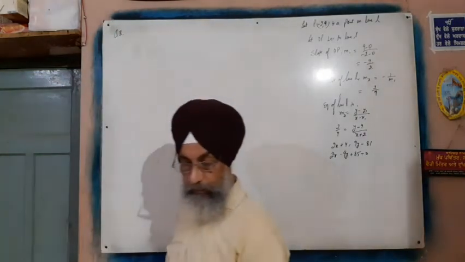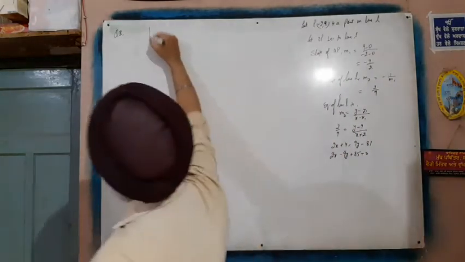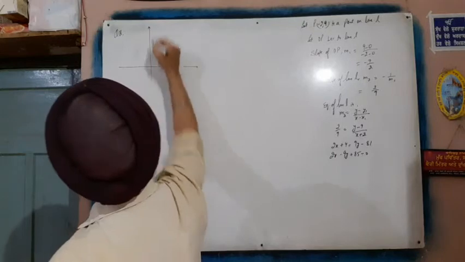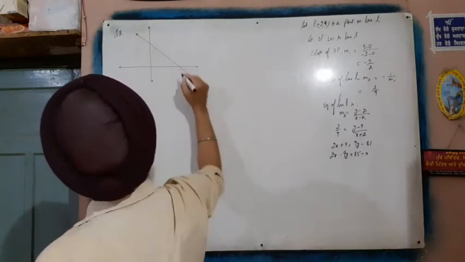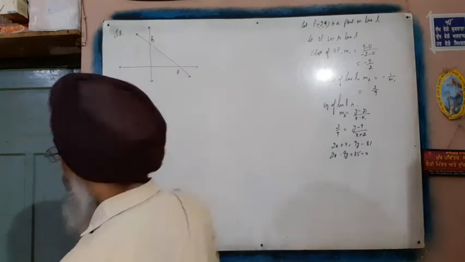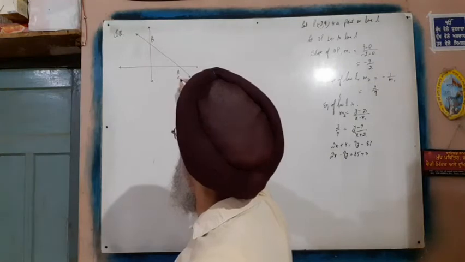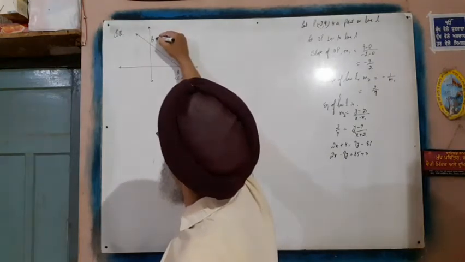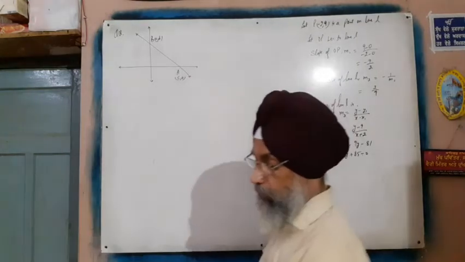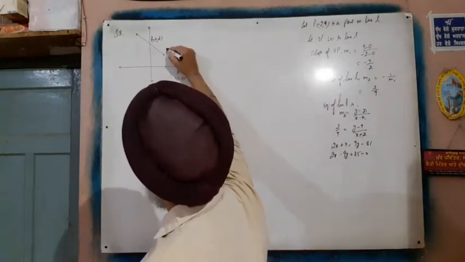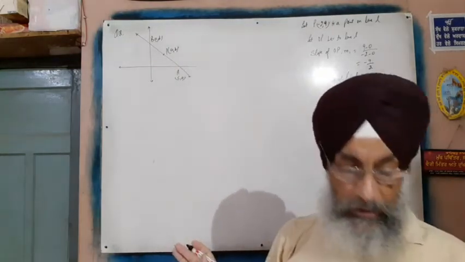It is saying that if P is the midpoint of the line segment between the axes, let us draw a line, and let us assume that this line cuts the axes at A and B with points, say, (c, 0) and (0, d). It is given to us that P is the midpoint of AB. This P is the midpoint of the line segment between the axes, meaning the midpoint of AB here.